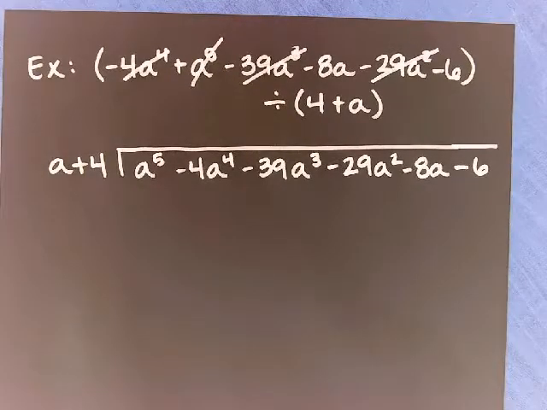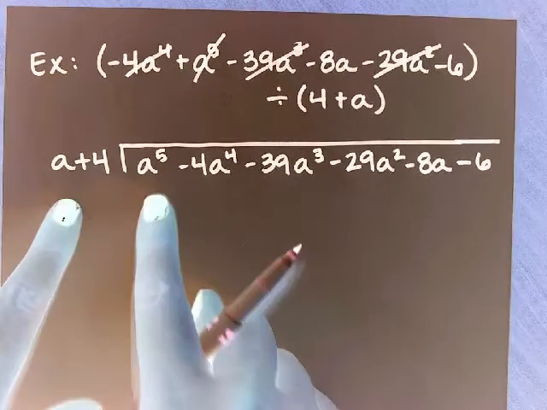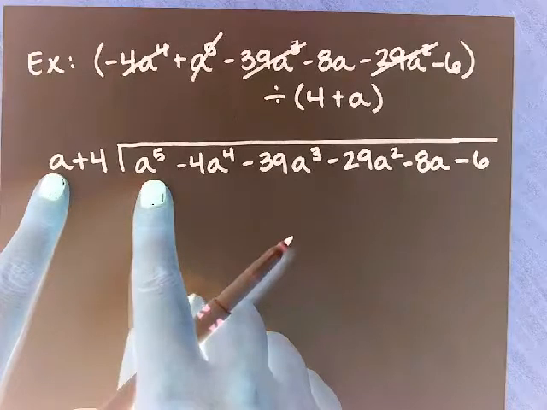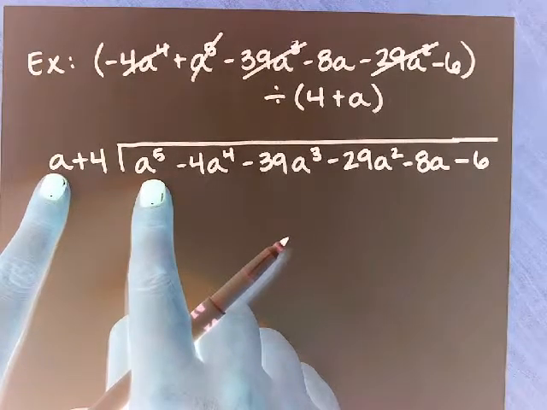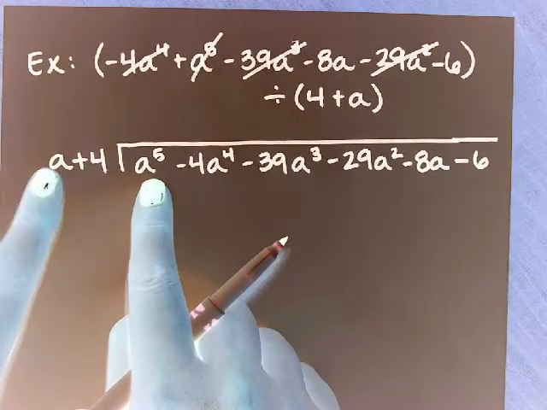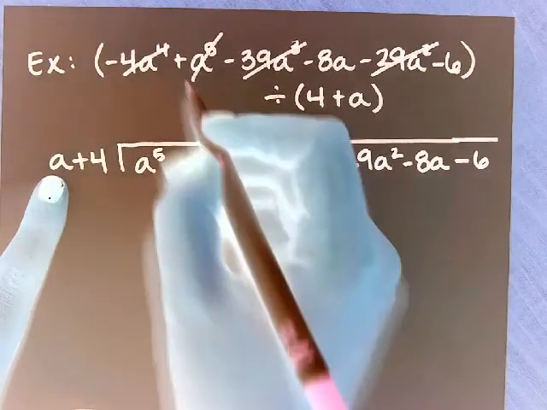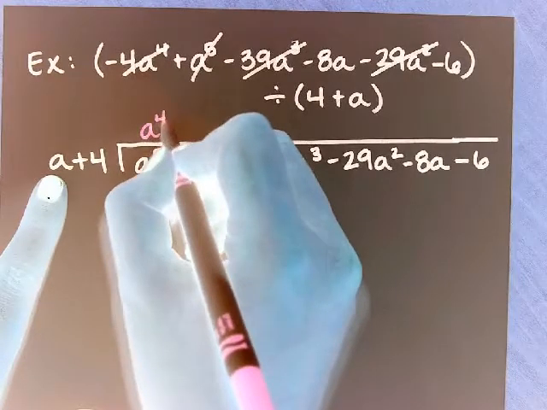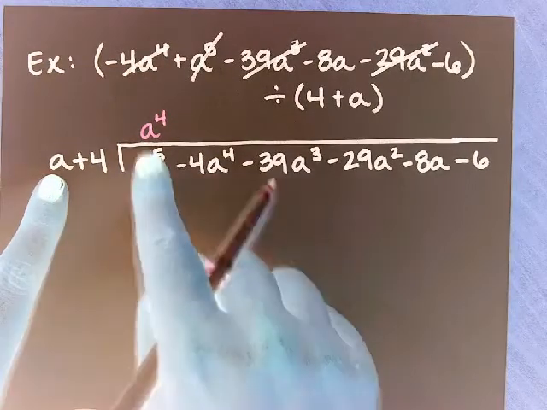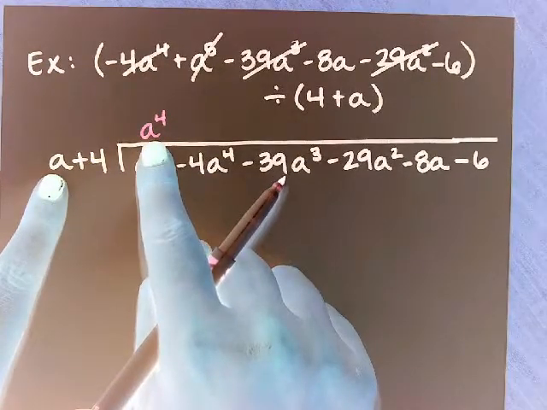So, what question do I ask myself first? Yeah, I say a multiplied by what gives me a to the 5th? A to the 4th. So I put a to the 4th on top. And then what do I do with that a to the 4th?